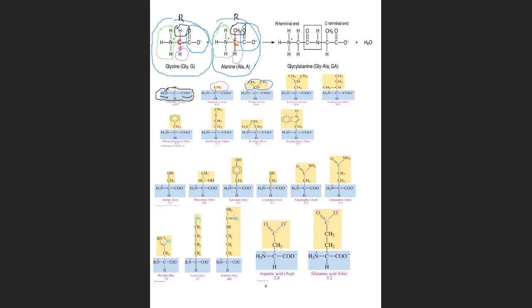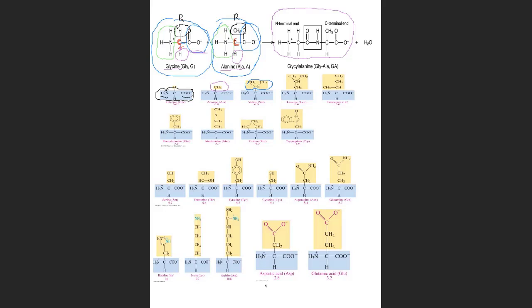When you see that glycine combines with alanine to form a dipeptide, di because it's two amino acids, the dipeptide forms when the carbonyl group in the glycine bonds to the nitrogen atom in the NH3 group of alanine.